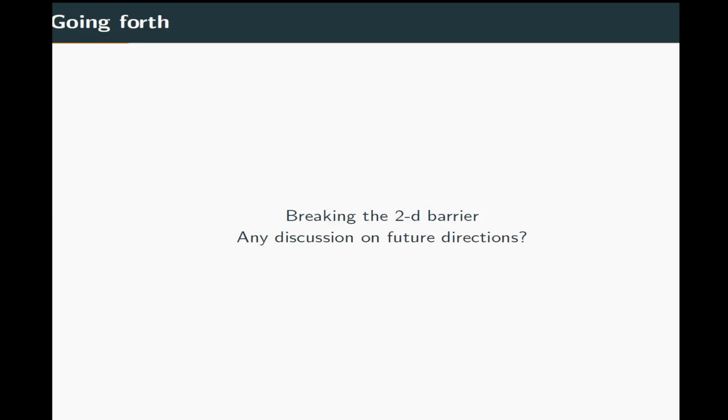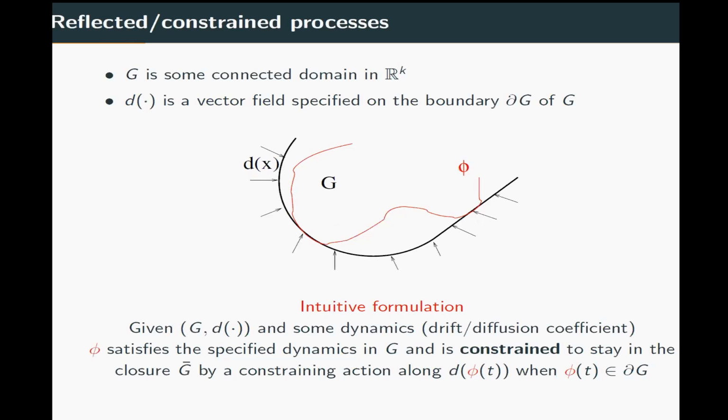And one of the approaches that maybe didn't come up, so of course we all know you have a reflected, constrained process, you have some domain, you have some vector field on the boundary, and this intuitive formulation is you have some process phi, which has some specified dynamics, doesn't have to be diffusive. It could be an ODE, it could be something else inside. And then it is constrained somehow to be inside this domain in a way that's consistent with these directions on the boundary, right?